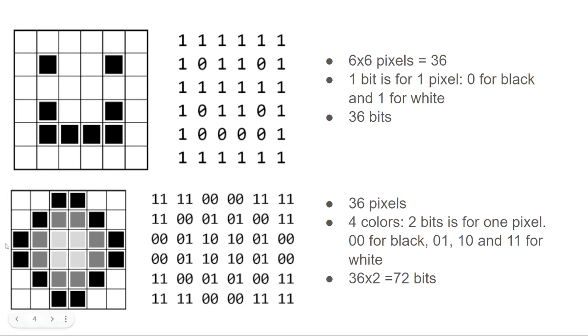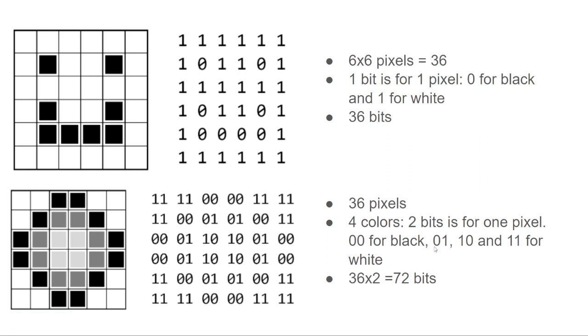Let us consider the second case. Here this image has 4 colors, one black, white and one dark grey and one light grey. So we have 4 colors to represent this image. Here, similar to the previous case, we have 36 pixels, but here we have to represent 4 colors. In order to represent 4 colors, we may have to use 2 bits. 0, 0 for black, 0, 1 for this dark grey, 1, 0 for this light grey and 1, 1 for white.